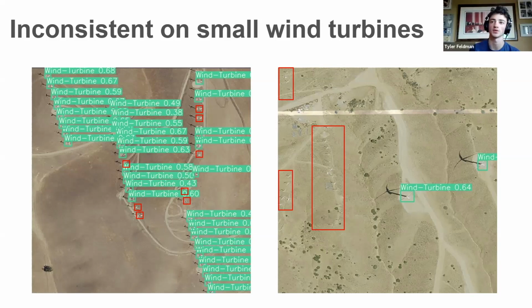Yeah, that would significantly improve the performance on the small wind turbines. Qualitatively looking at the data, for many of these small turbines you practically can't see any of the actual turbine, and it's mostly just the shadow. That's how you can identify it. So yeah, the resolution is very important.